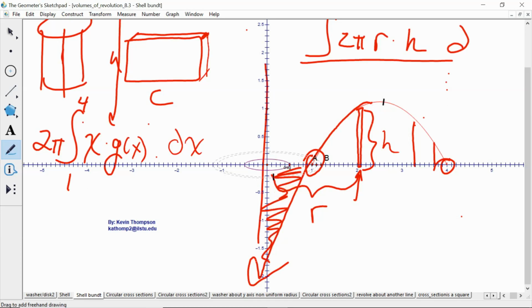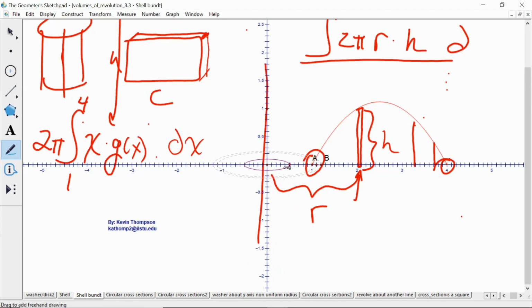You would get all of this region that's also then spun about the y-axis. That's a very different shape than what we were talking about a second ago. So think about where the rectangles start and where the rectangles stop. The rectangles started at 1, they stop at 4, there's your limits.